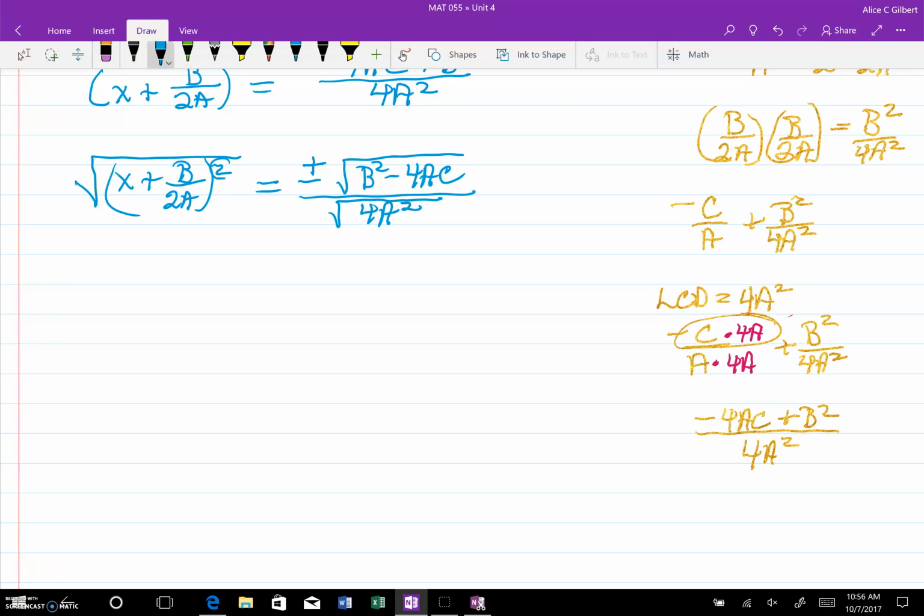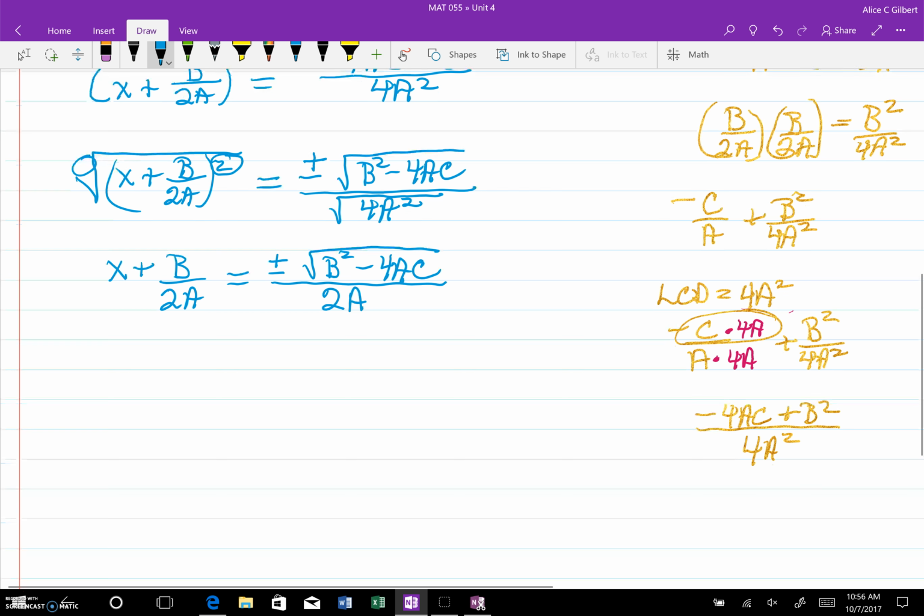When this exponent and this index match, the base of that exponent falls out as my answer. And then over here, there's nothing I can do in my numerator. That's just going to be the square root of b squared minus 4ac. But in my denominator, the square root of 4 is 2, and the square root of a squared is a.